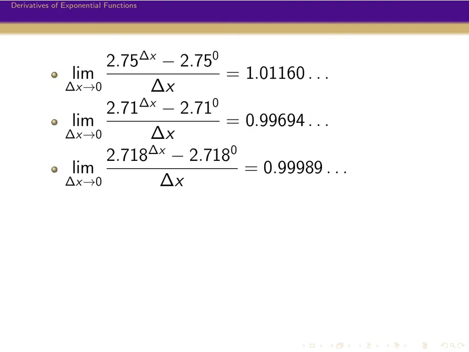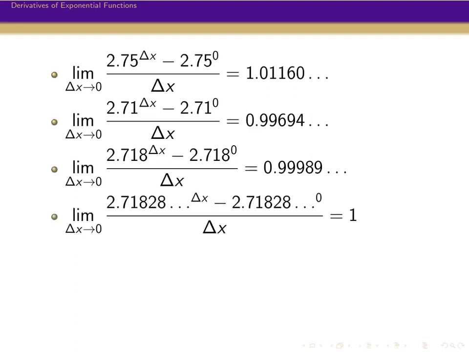And so we can keep doing this over and over again, testing out what the next digit should be, and we end up with this infinitely long string of numbers, 2.71828, blah, blah, blah, going on forever. We can keep working it back and forth to get this number that makes the limit exactly 1, right?